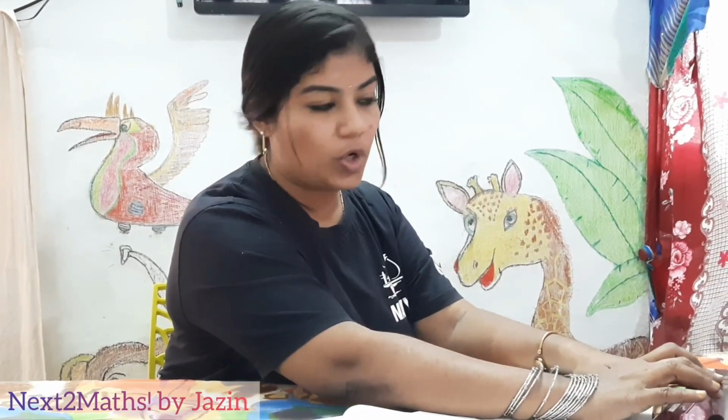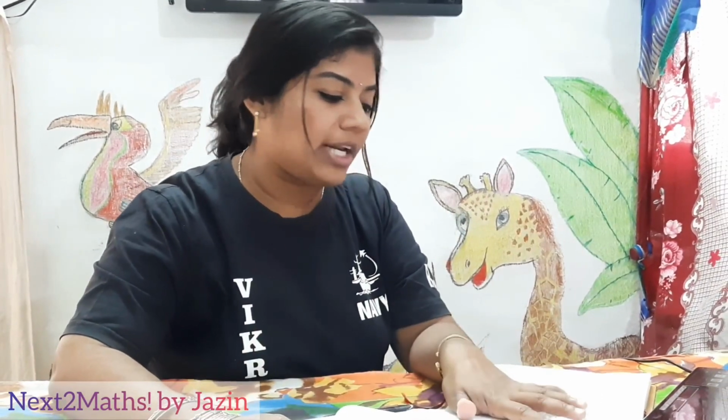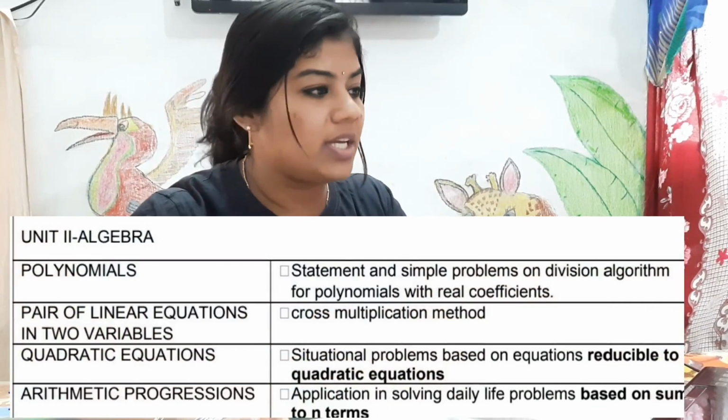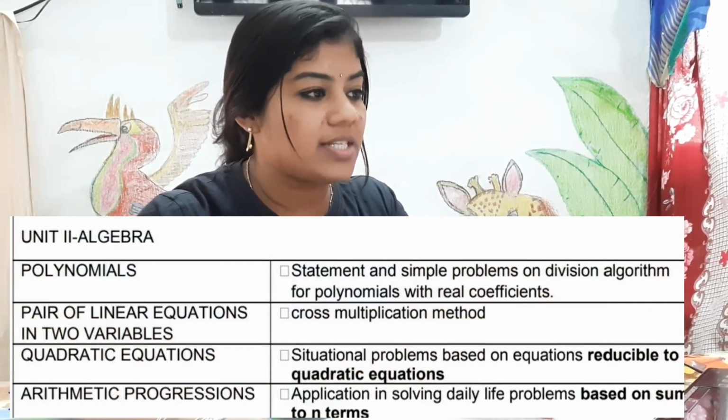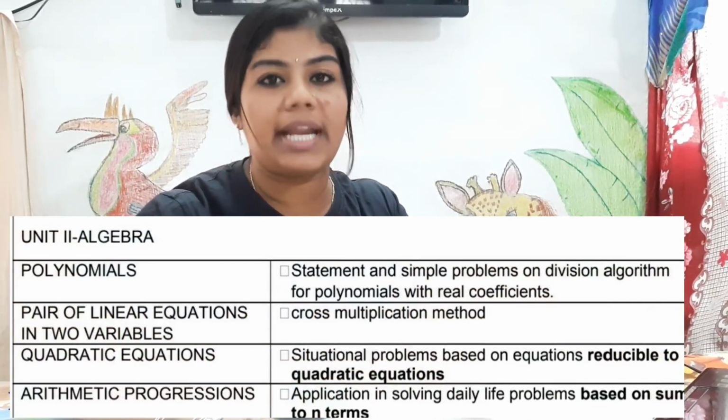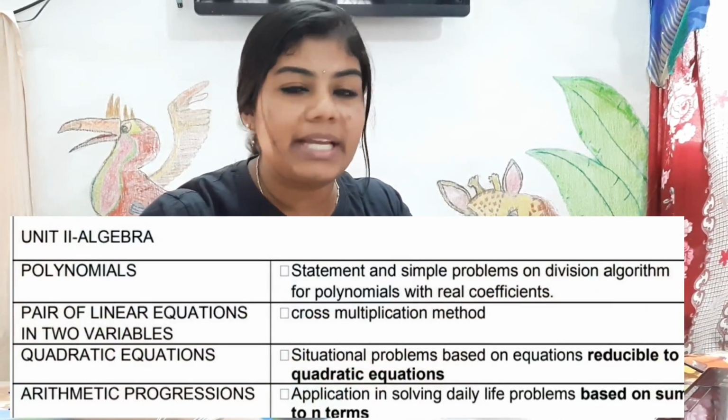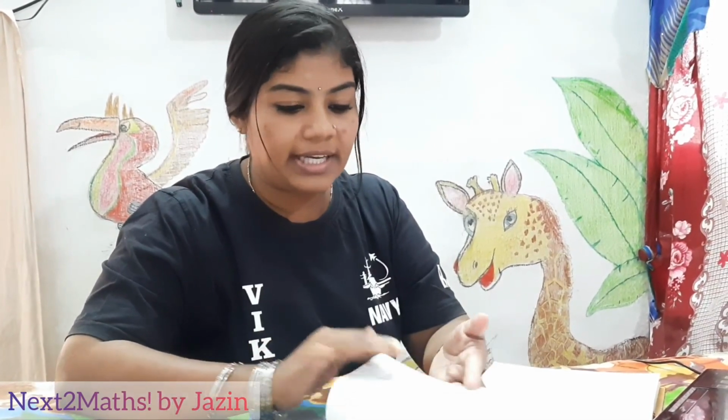The next chapter is chapter 4, quadratic equations. In that chapter, situational problems based on equations reducible to quadratic equations are given. It means word problems and situational problems are reduced.